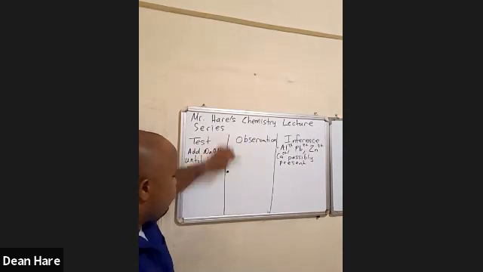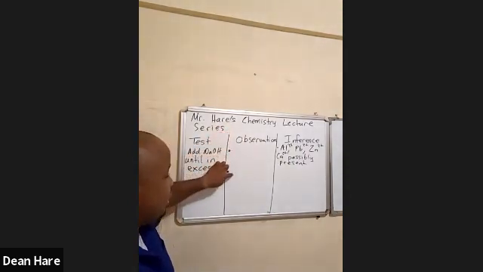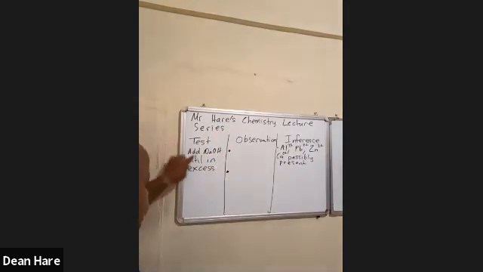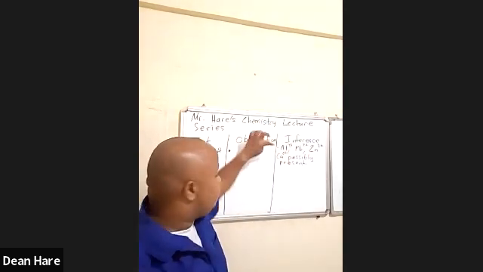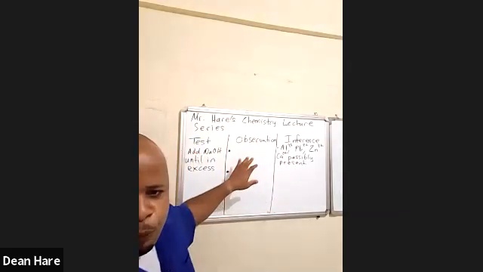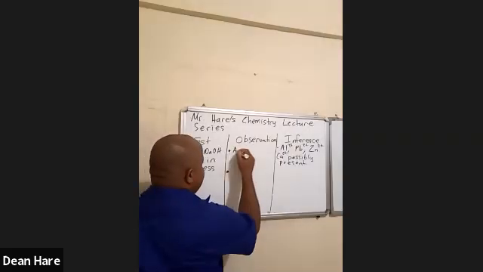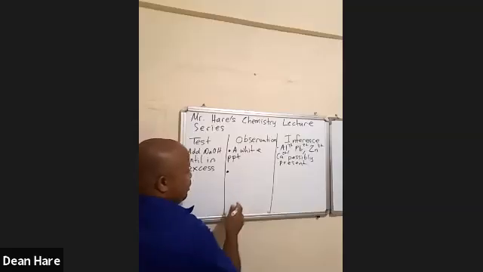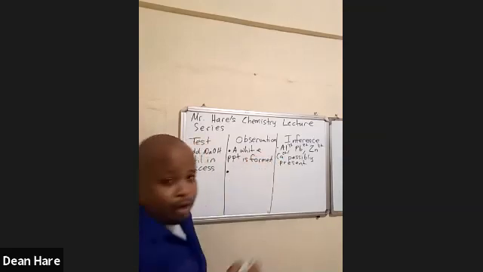So the 2 points here, the first one is for when you add it dropwise, and then when you add it in excess. If you add sodium hydroxide dropwise, and the inference is aluminum, lead, zinc, calcium possibly present, then what should be the observation? White precipitate. White is correct, right? I'm just going to put P for short.